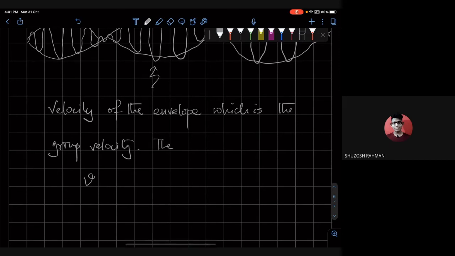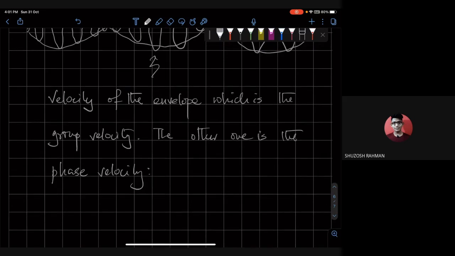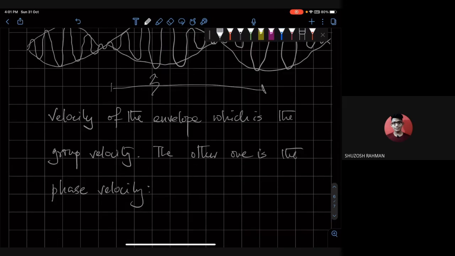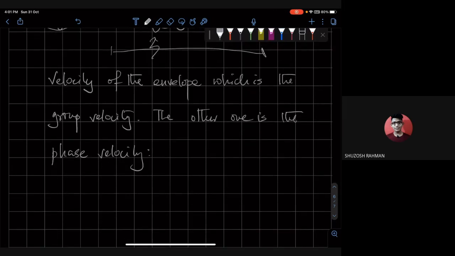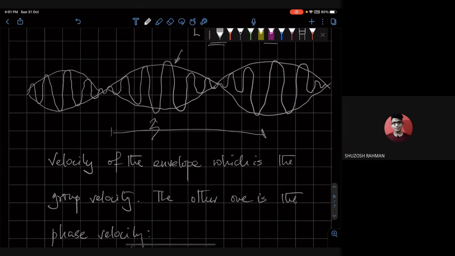The other one is the phase velocity. Okay. So as you add more and more frequencies, you will see that only one or two of these envelopes remain, and you will basically get a bona fide wave packet. But you'll still get these sort of phases.